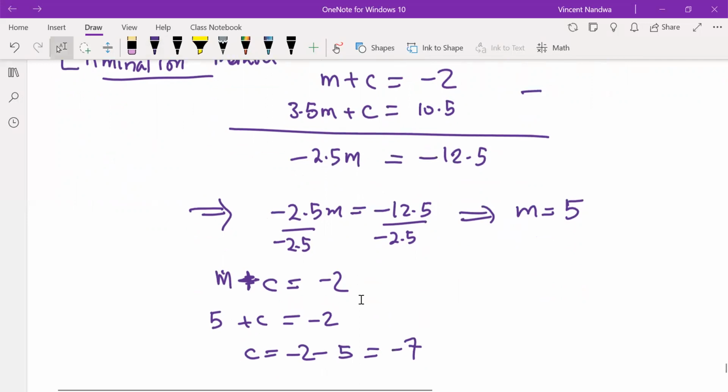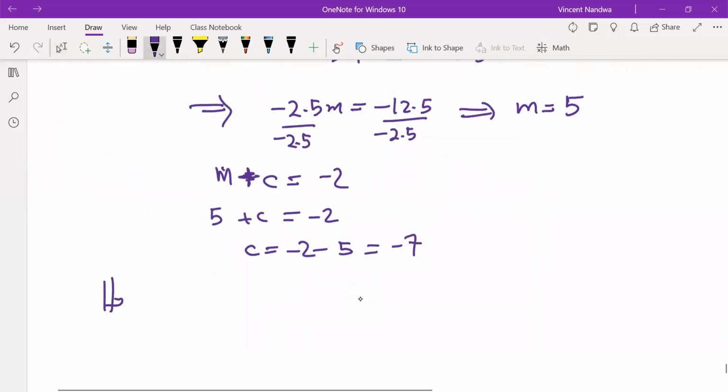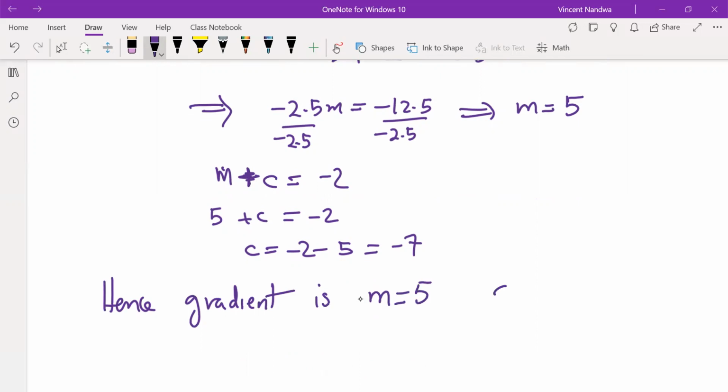Hence, gradient of the line is m, which is 5, and y-intercept is the point 0, minus 7. So that will be the solution to that given question.